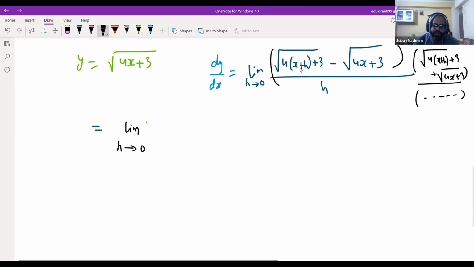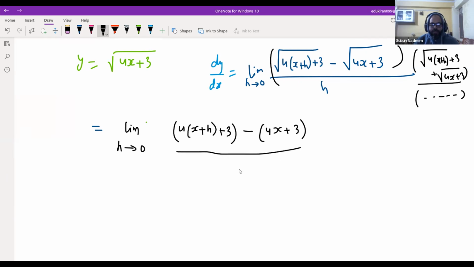The numerator will become a minus b into a plus b, a square minus b square, and the square root will vanish. You will get 4x plus h plus 3 minus (4x plus 3), upon h into root over 4x plus h plus 3 plus root over 4x plus 3. Can you write it like this?